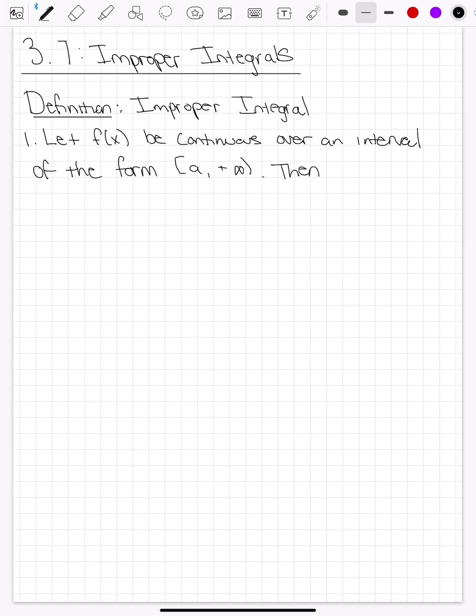Then when you do the integral of f of x from a to positive infinity, what you're gonna do instead, because we don't know how to integrate something and plug infinity in it, is take away that infinite bound and make it finite, and then after we do the integral, we'll then do the limit of that.